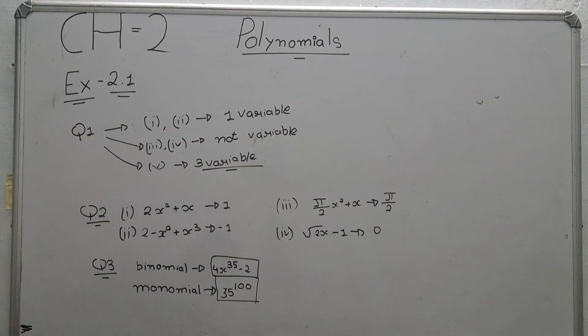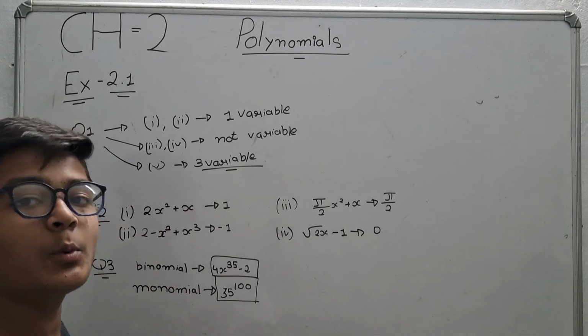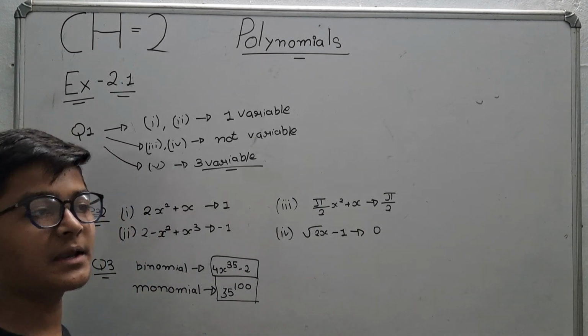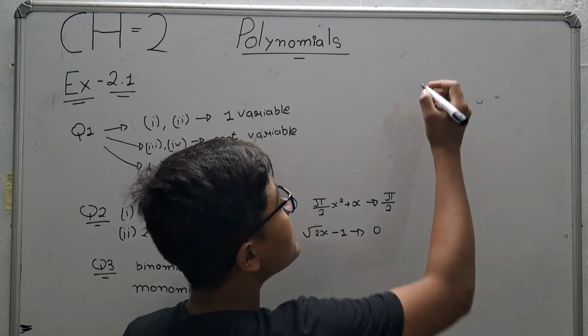In the first question they have asked you to identify which of the expressions are one variable, two variable, three variable or four variable. What is meant by a variable?